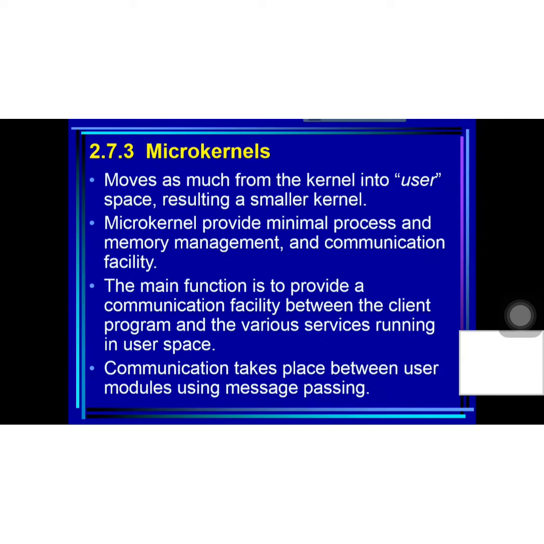The result is a smaller kernel. There is little consensus regarding what services should remain in the kernel and which should be implemented in user space. Typically, however, microkernels provide process and memory management in addition to a communication facility.